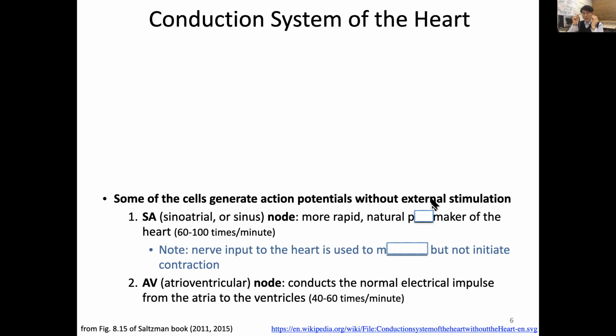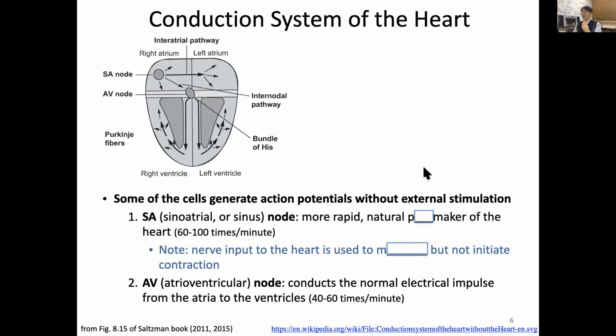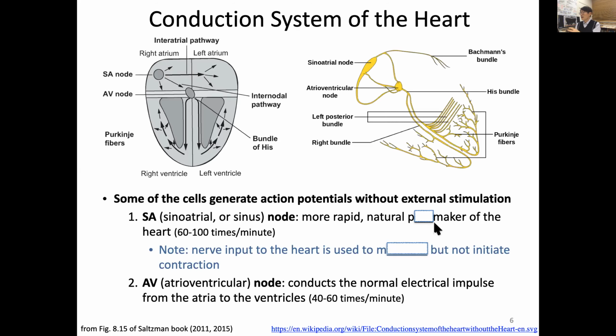So a specialized part exists in our heart. One is sitting in the right atrium. That's called the sinoatrial node, or simply the sinus node, or SA node. The SA node is the natural pacemaker of the heart, which beats by itself about 60 times per minute.